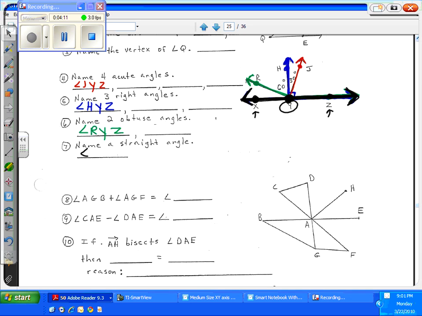And then the vertex, and then a point on the other side or the other ray. And so we could call that one angle XYZ. Those are called opposite rays, right? Those 2 opposite rays, ray YX and ray YZ, form the straight angle, angle XYZ. Okay?